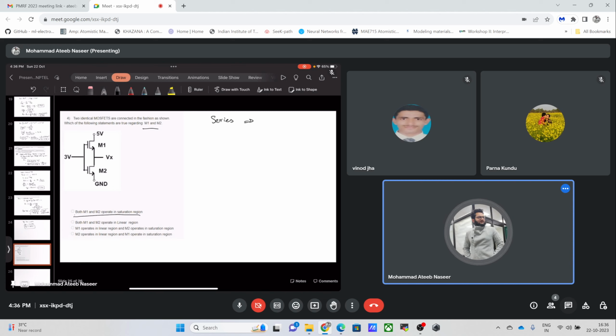It implies the current in MOSFET 1 is equal to the current in MOSFET 2, and we assume both MOSFETs are in saturation. Sorry, both are in saturation, not series. Both are in saturation.